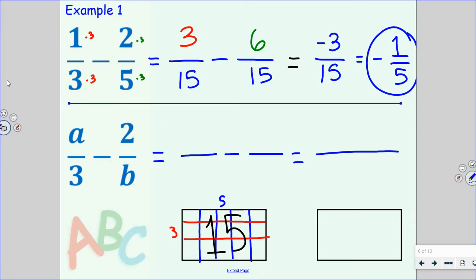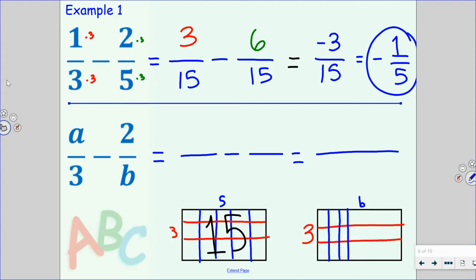Let's say we still have one part cut up into thirds, but the other part is cut up into B sections. Now, I can split this up into thirds with the red, but I don't really know how many B is.